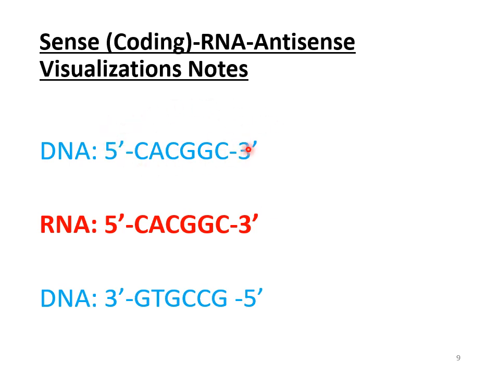That's CAC, CAC. And you notice the 5' and 3' orientation is the same. So this strand of DNA would be called the sense, and this strand is the antisense.